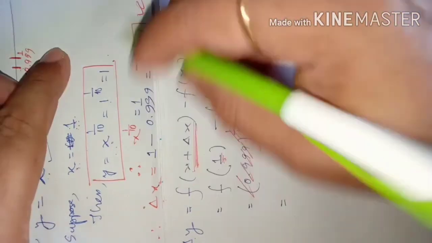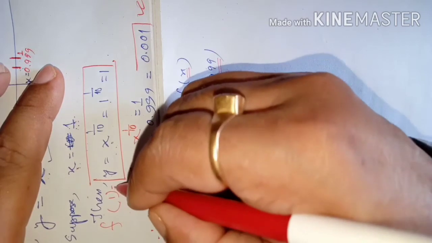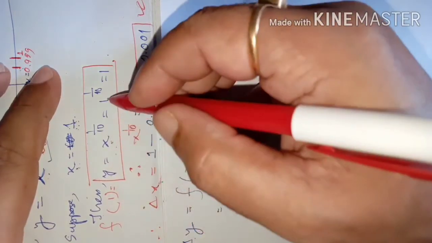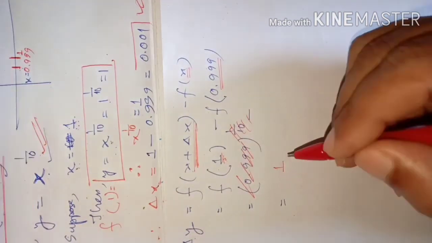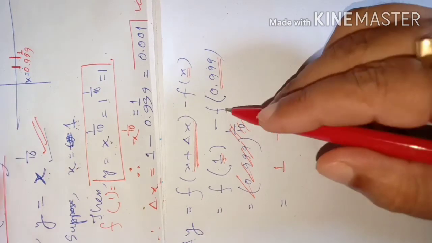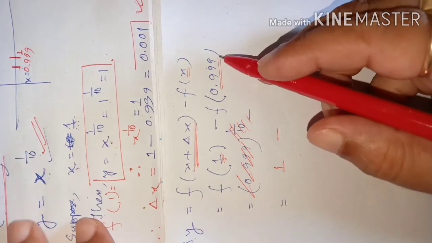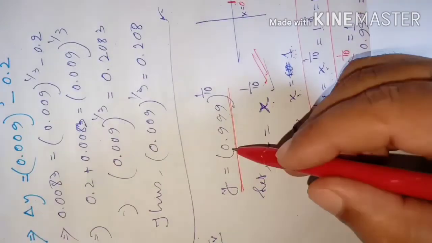So y is equal to 1 to the power of 1 by 10, that is equal to 1. So f of 1 is 1, minus f of 0.999, which we don't have. F of 0.999 is actually this expression.